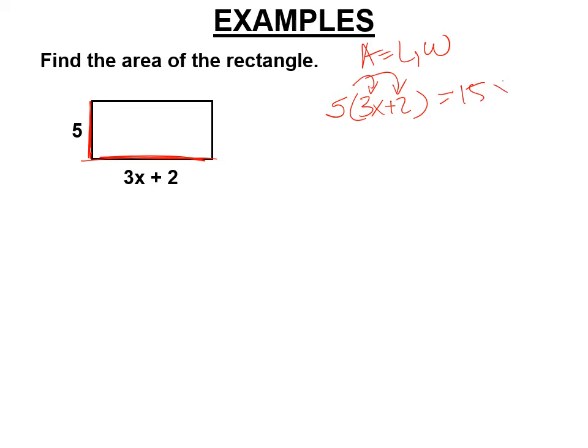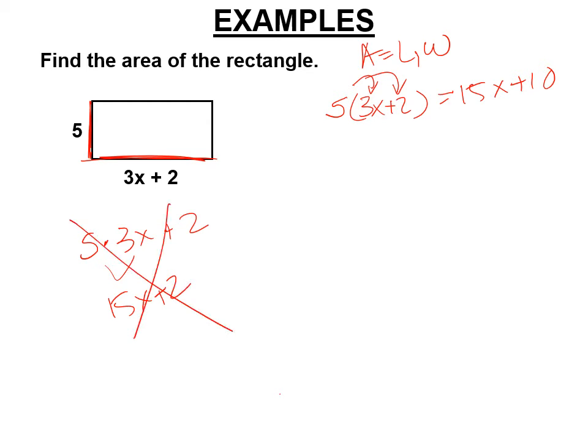So it's 15x plus 10. If you write this, that means 15x plus 2, and that's not the area, because you have to multiply that 2 as well. So you have to put 3x plus 2 in parentheses, then use distributive property and multiply everything inside there.